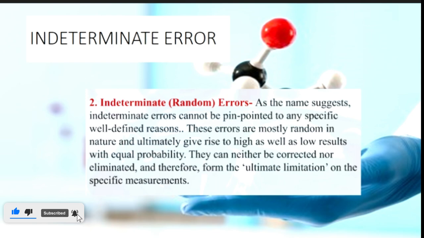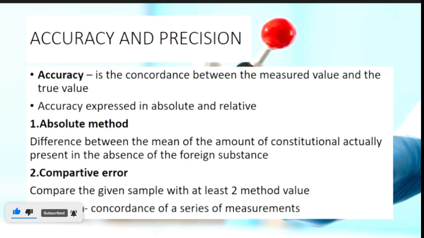Some errors may occur due to accuracy, which may happen while you are doing a standardization. In standardization, we usually take the concordant value, right? First value may be 20. Just guess that it may be 20.